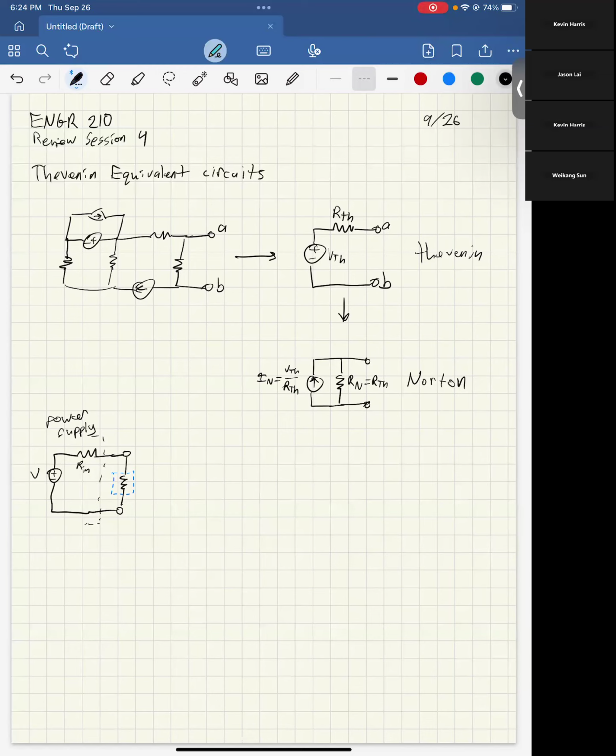So we want to figure out both what resistance will transfer maximum power and what that maximum power is.